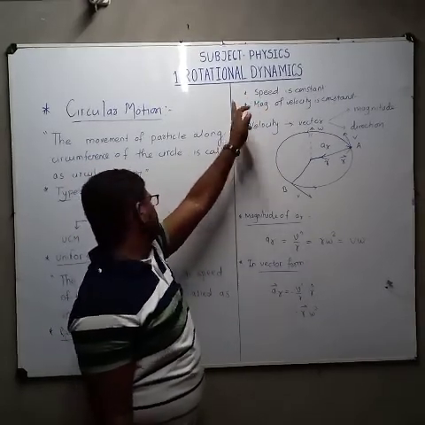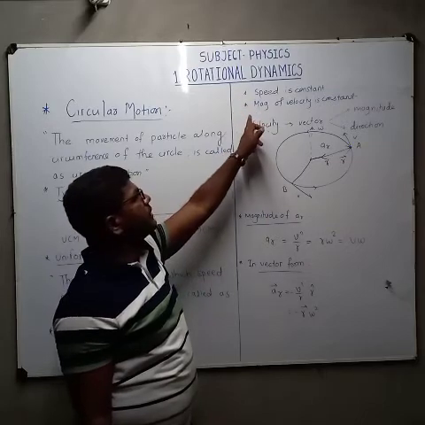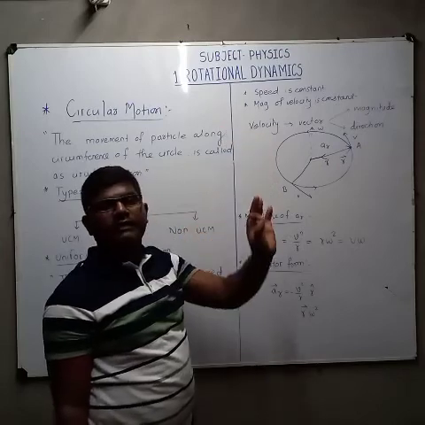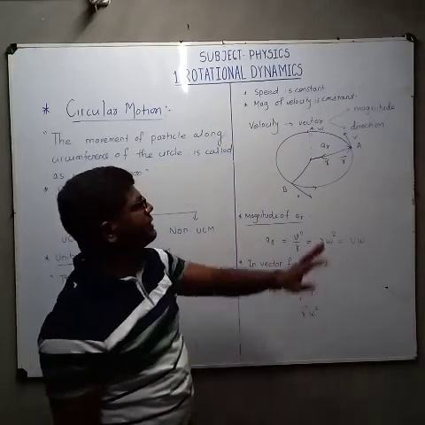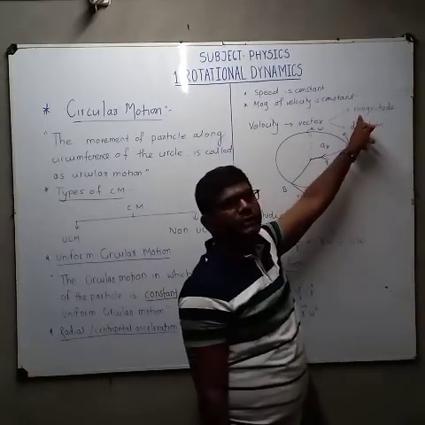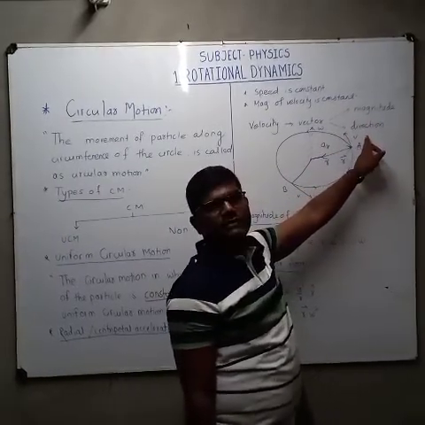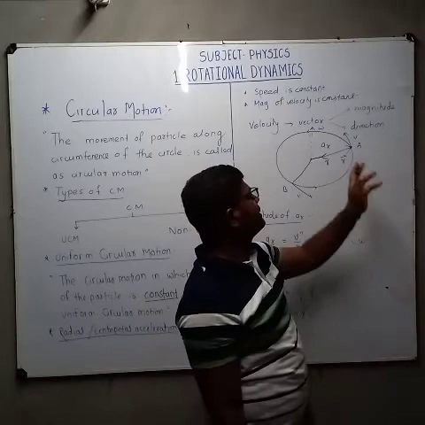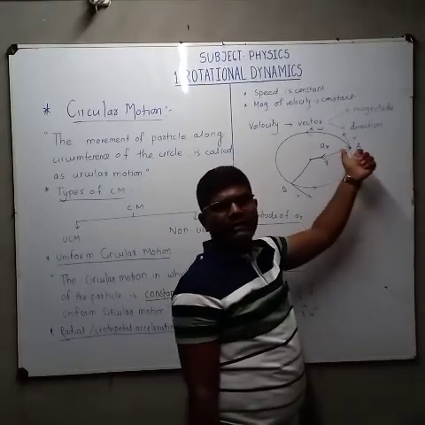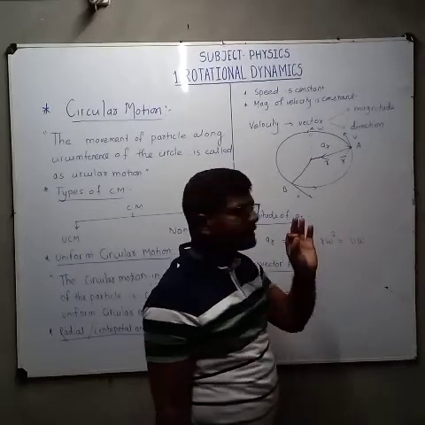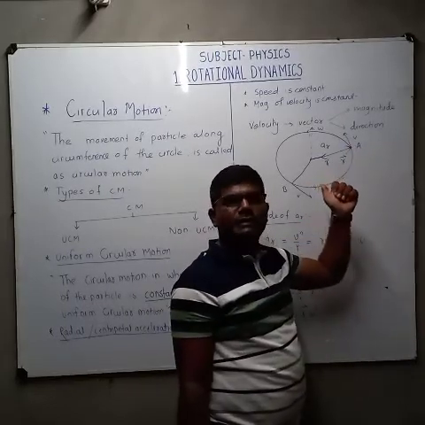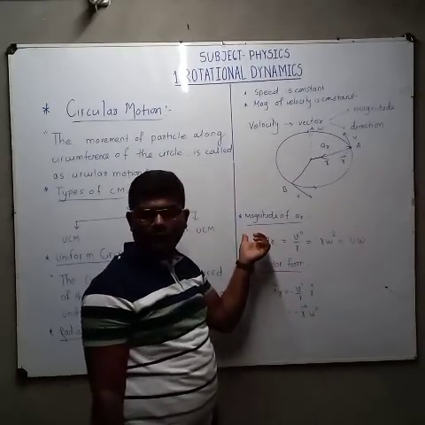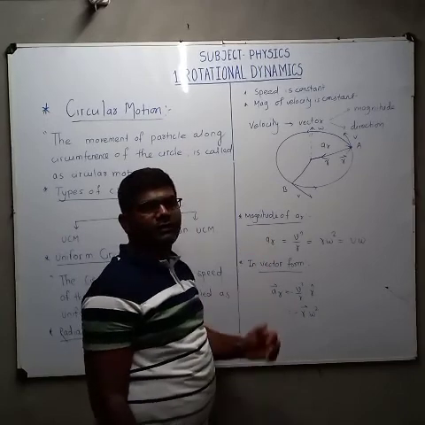In UCM, speed is constant and the magnitude of velocity is also constant, but the direction of velocity changes, and due to this change, acceleration is formed. This acceleration acts along the radius, so it is called radial acceleration, and its direction is towards the center of the circle, so it is called centripetal acceleration. Then the magnitude form and vector form of radial acceleration.